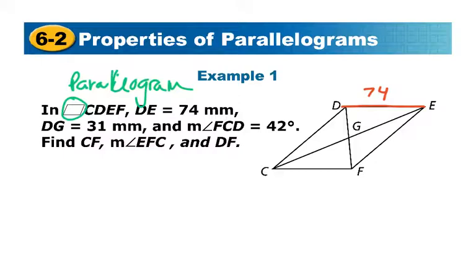We're also given that DG is 31, and that the measure of angle FCD, so this whole thing here, is 42 degrees. And we want to find CF, at least to begin with. Where's CF? That's this one.